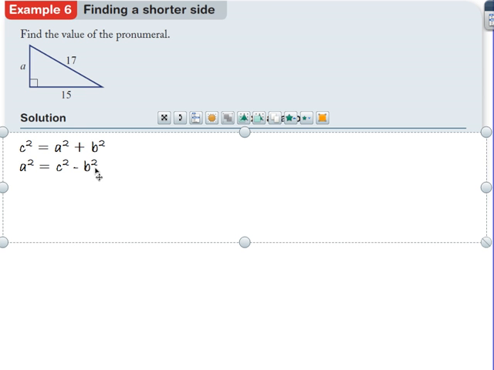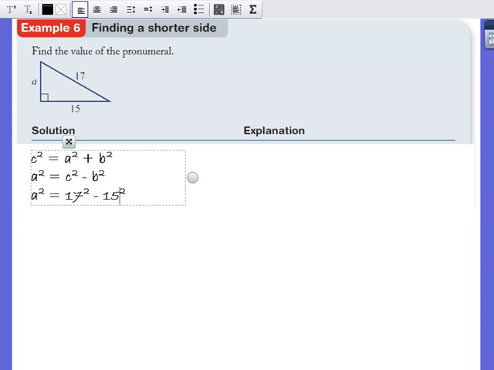Step 3 tells me to substitute in the information that I know. So let's do that. I know that c is 17 and I know that b is 15. So let's write that into our equation. So it becomes a squared is equal to 17 squared minus 15 squared.